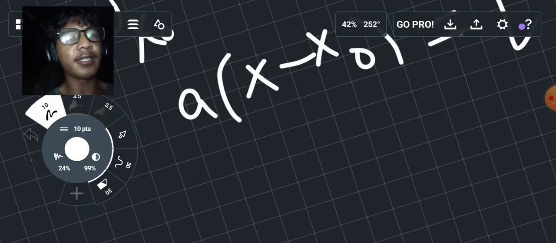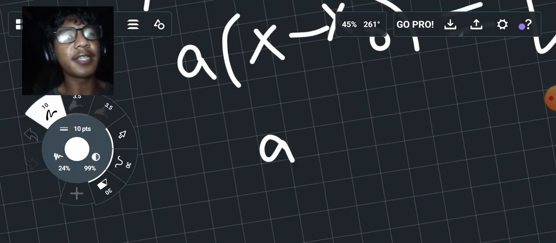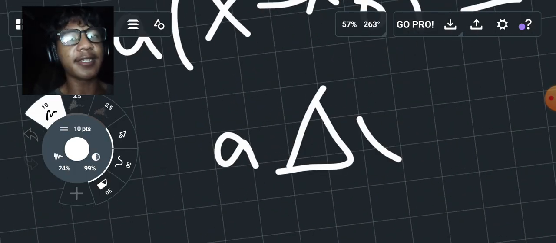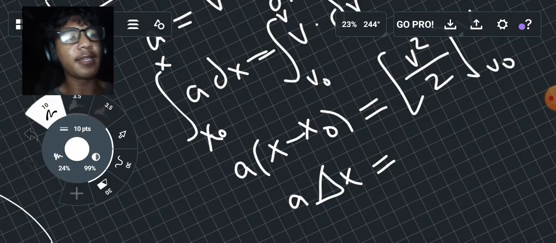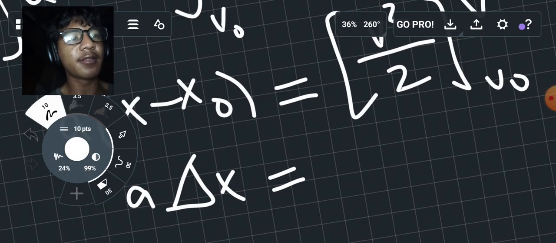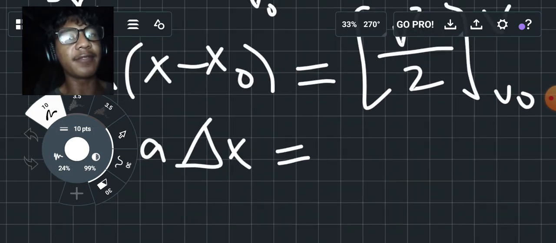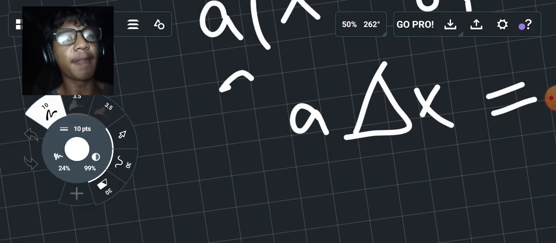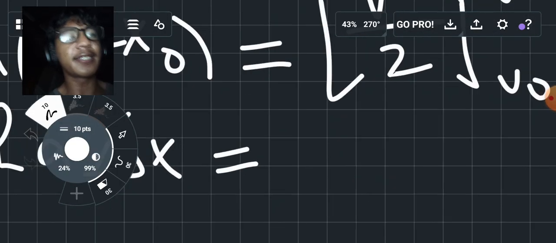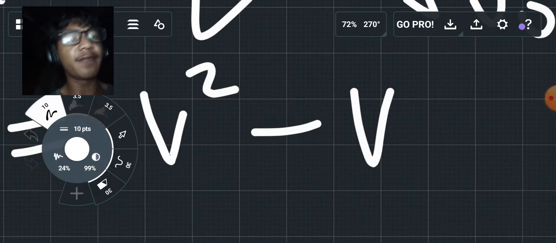Okay, so x minus x naught is the change in x, delta x. And since 1/2 is a common factor here, we can just move it over. We get 2a delta x equals v squared minus v naught squared.